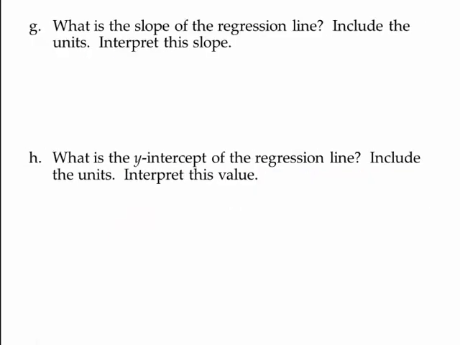Question G. What is the slope of the regression line? Include the units. Interpret the slope. If you recall, the slope is the change in y over the change in x. So in this example, the change in y would be 0.125. We got that from the equation, and that's over 1 unit of the x.